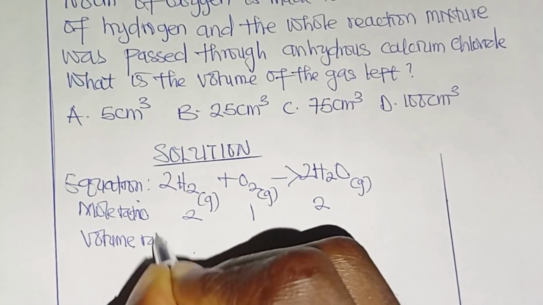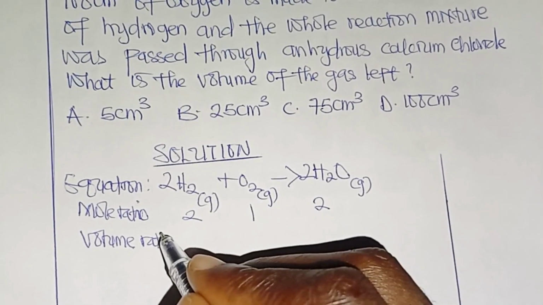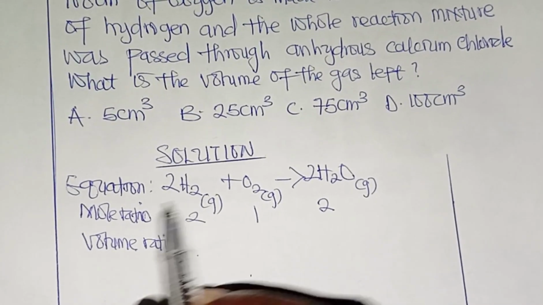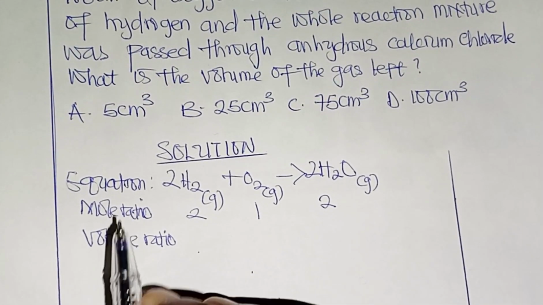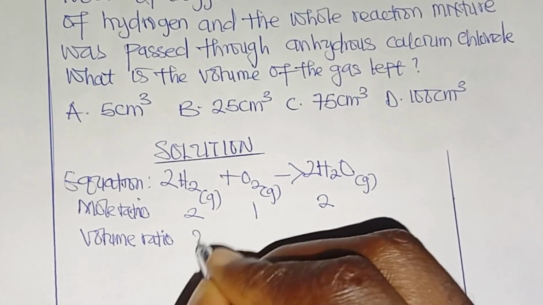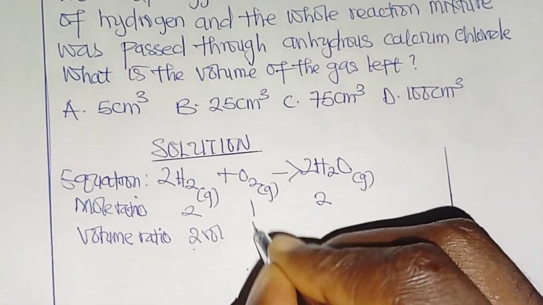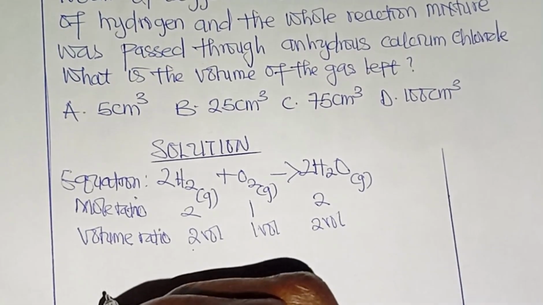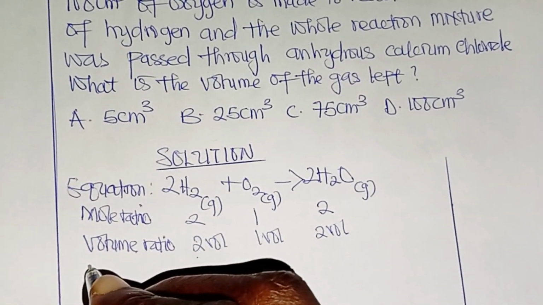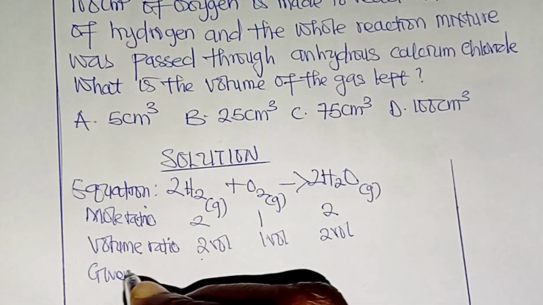What's the third step? Represent the mole ratio as volume ratio. What's the fourth step? Write out the given volume, and this is from the question, okay?